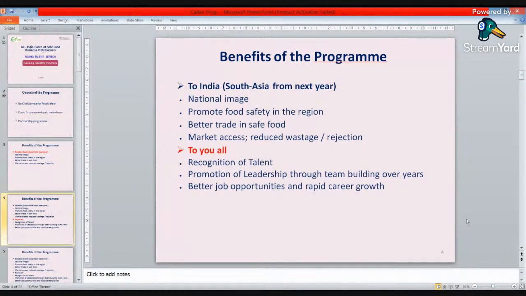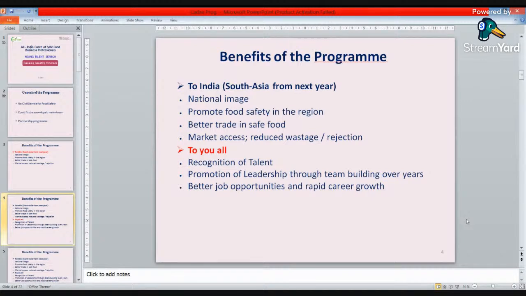What is the benefit to you people? First of all, as I said in the beginning, an equal opportunity to all of you, women coming forward, recognition of talent, leadership. We add 100 people every year in this cadre.